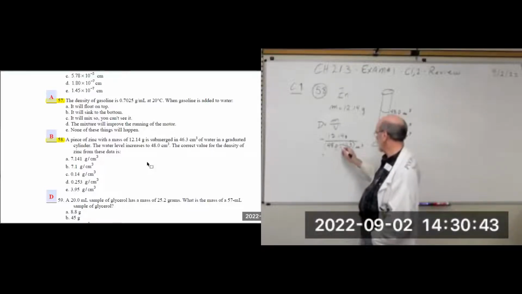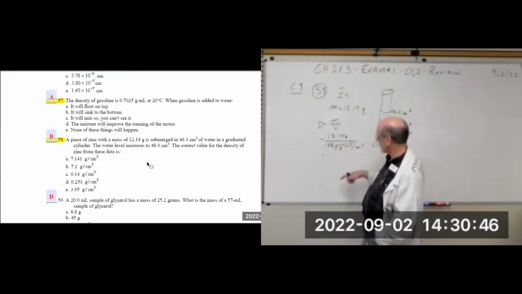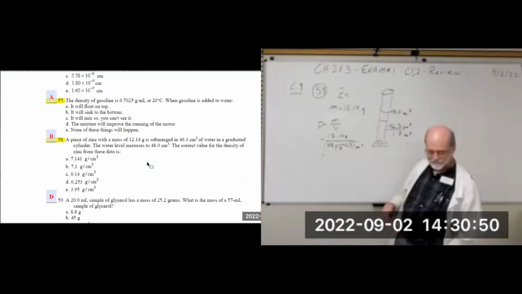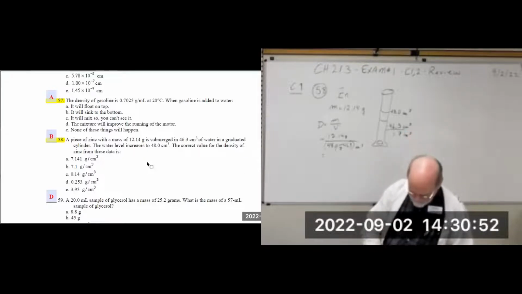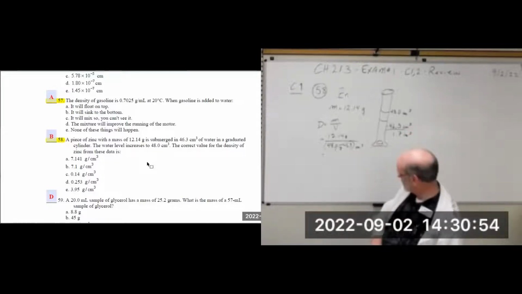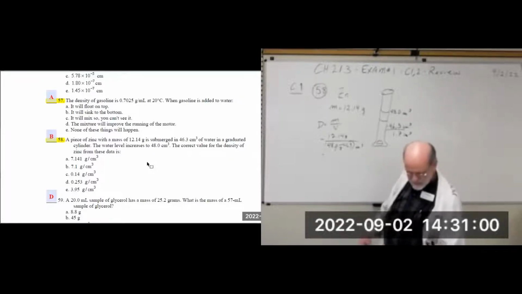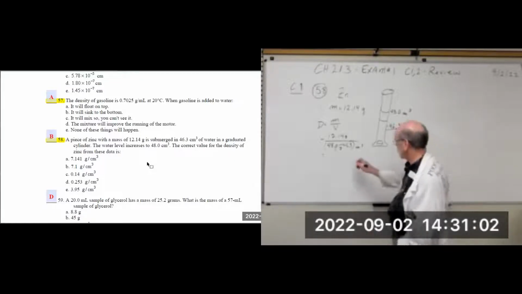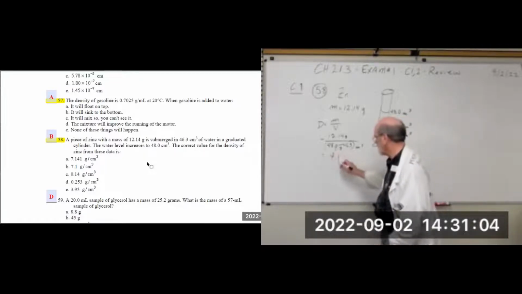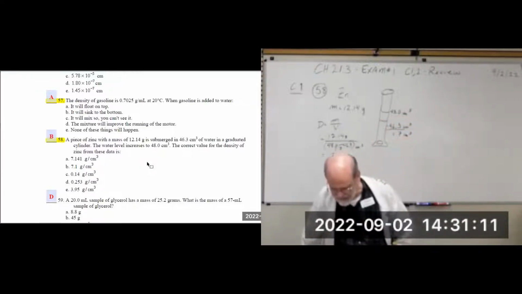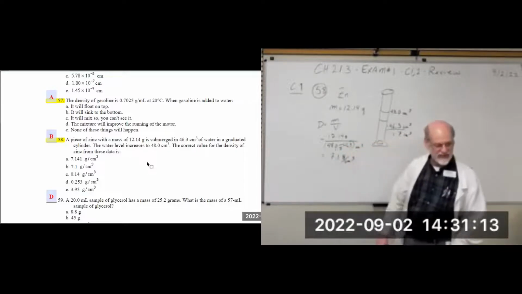So 1.7 here divided into that, which means we only have two significant figures, correct? 1.7 into 12.14, and that's 7.1, rounded off, grams per cubic centimeter. B. B is the answer.